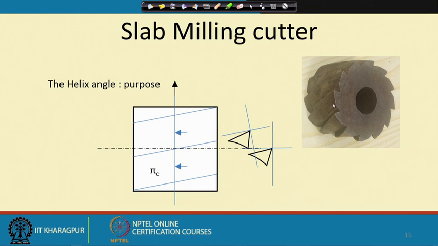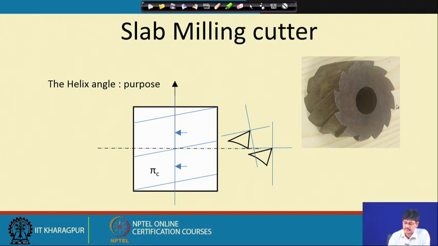If there is no helix angle, one tooth suddenly engages with the workpiece and there is a jerk. Jerks are always detrimental. Also, we have to notice that this brings in some end thrust which might create detrimental effects like buckling. So, we have to be sure that this end thrust can be absorbed without causing much of a problem in the machining process.